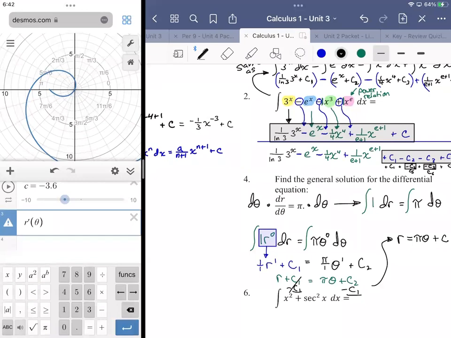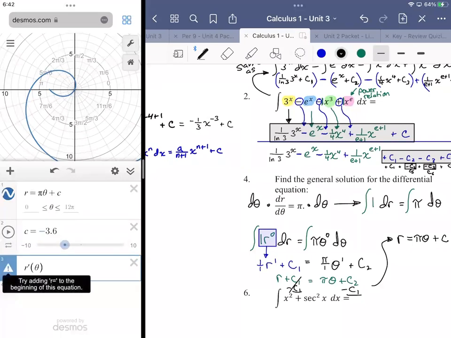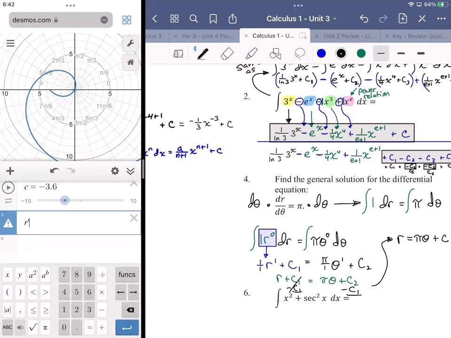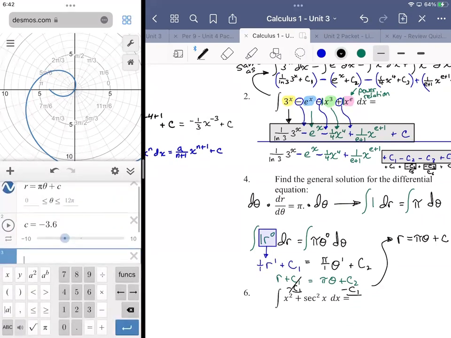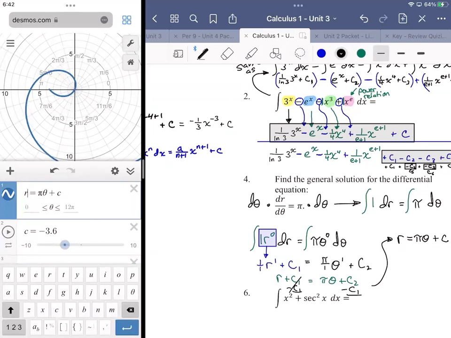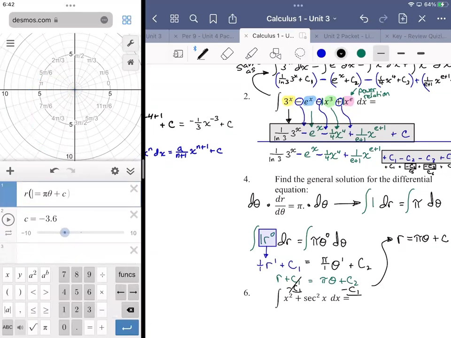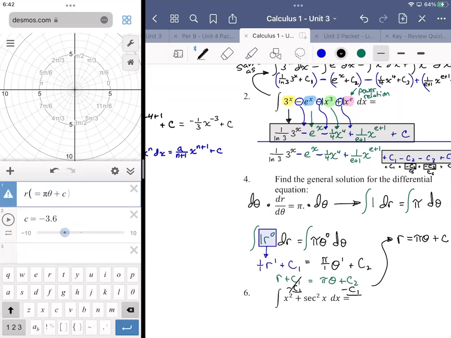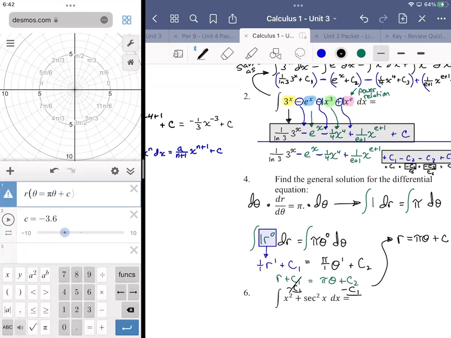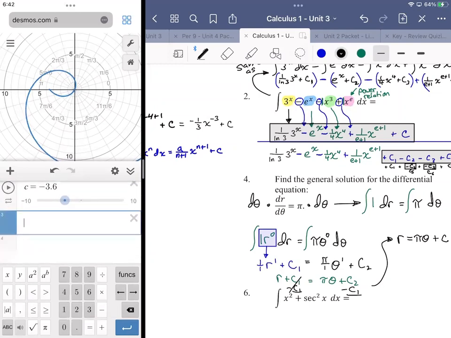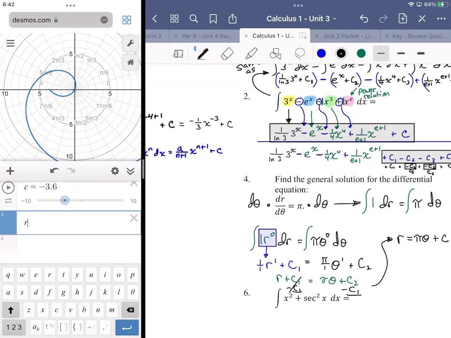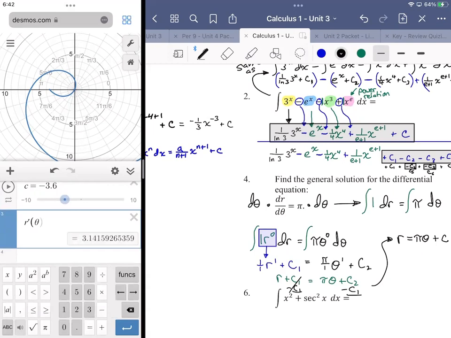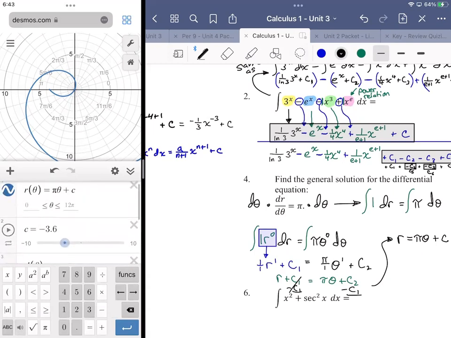That's an error, meaning it doesn't know what you're asking it to do here. If you put it as r of theta here, it'll still give you the function, and then you can try r prime of theta, but it's treating theta as a constant.